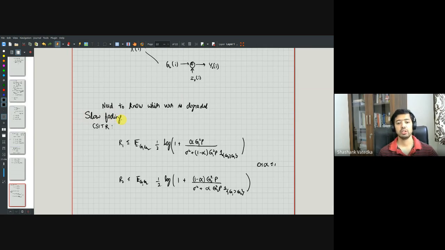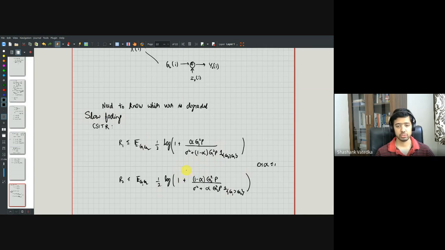If you have channel state information at both the transmitter and the receiver, then you know exactly which channel is degraded, and in that case you can achieve these rates on average. If user 1 sees a better channel than user 2, then he can decode both the cloud center and the satellite code word, and in the other case, he's going to be able to decode only the cloud center.